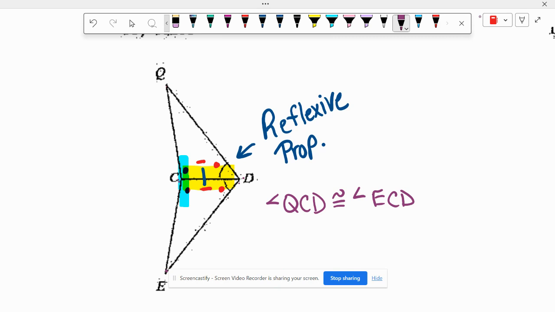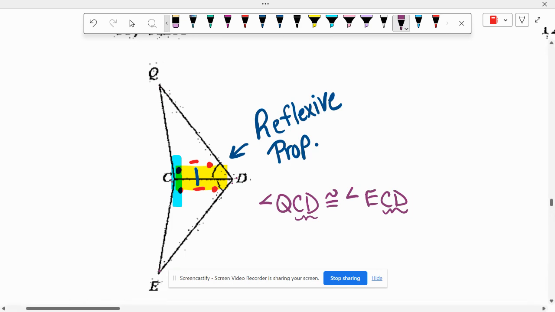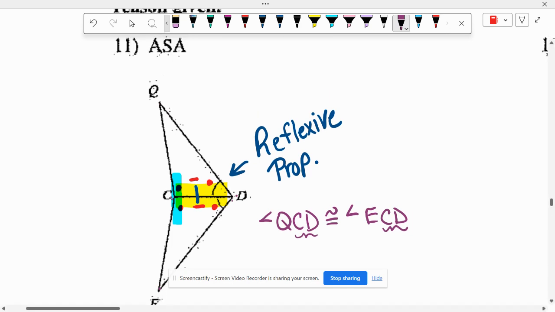And you can see this is your common side right there in the name of the angle. Okay. C is your vertex. Does that make sense? Okay.